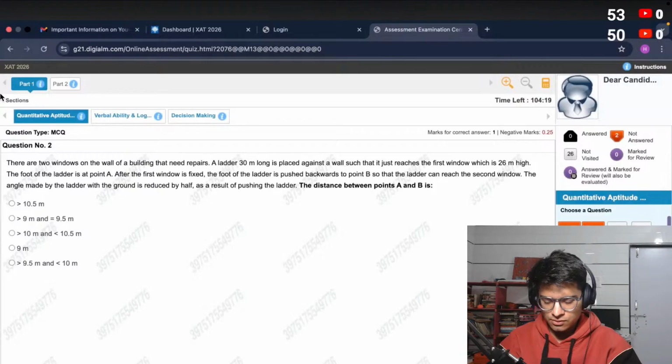Now first of all, the hypotenuse is 30, the window 1 to base is 26 meters and the hypotenuse is 30. Let's do the sine theta business later.